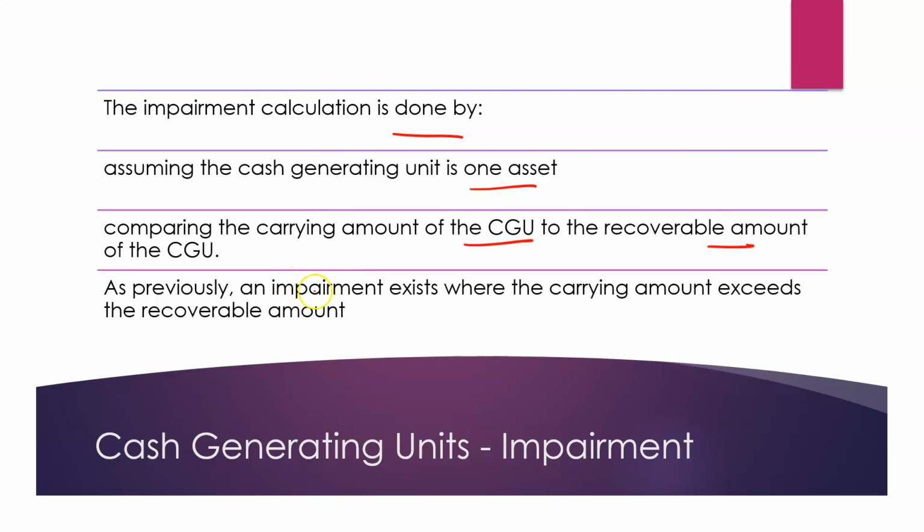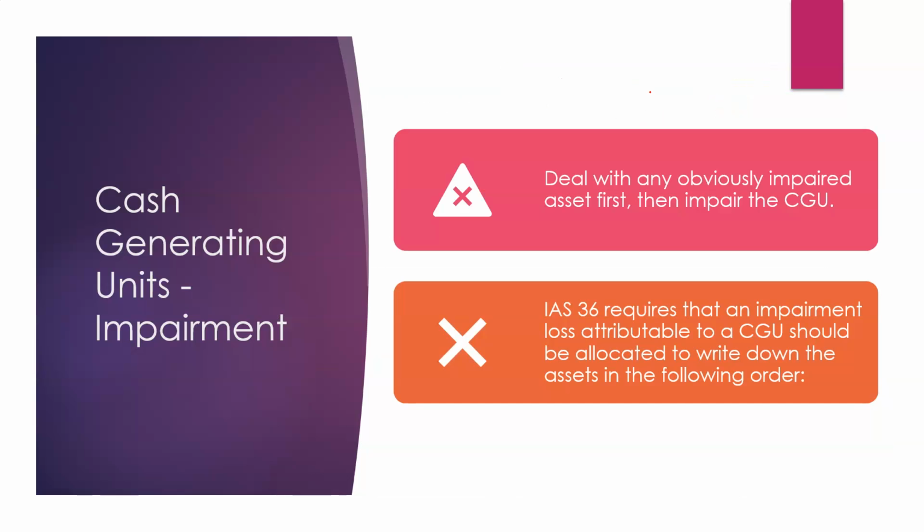As previously, an impairment exists where the carrying amount exceeds the recoverable amount. So nothing new there. You have a carrying amount that exceeds the recoverable amount, and we need to write that down to the recoverable amount. For cash generating units, first, if we're given any information about what's specifically impaired, which is typically the case, we deal with that component that we can see is totally impaired, and then the rest we share.